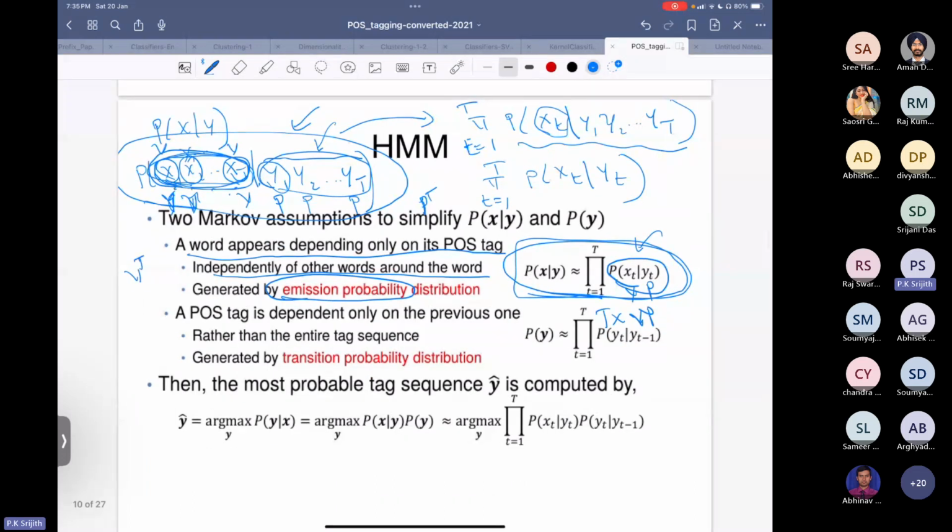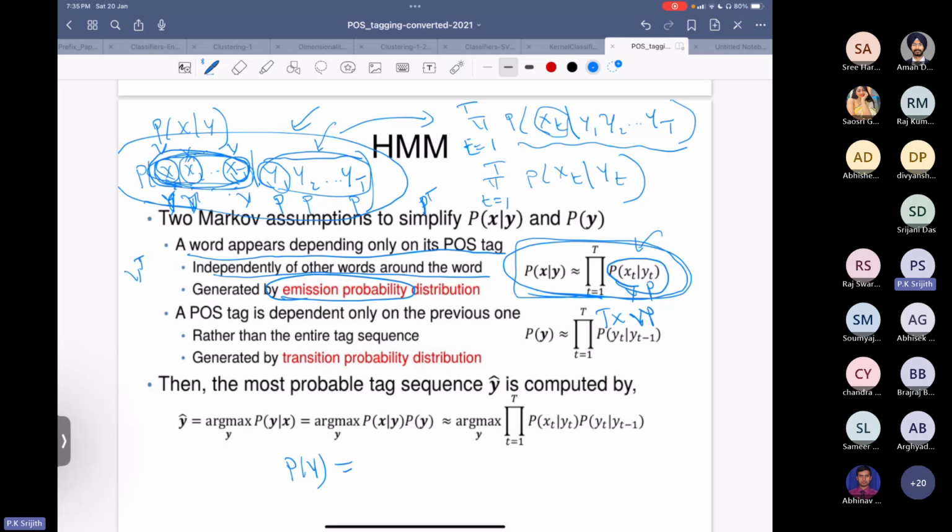Now coming back to the modeling of y, p of y. Let us see what happens if I make an IID assumption on modeling p of y.